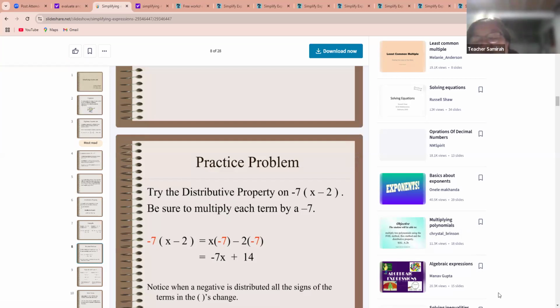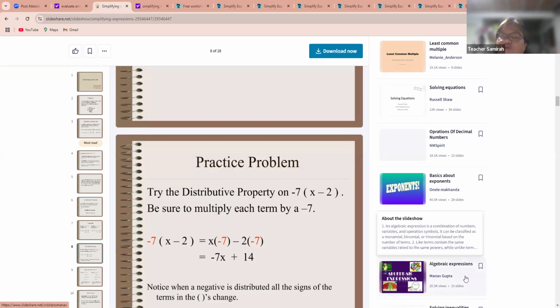Okay, so both Mark and Honey agreed. How about Aaron? Aaron, can I add or subtract negative 7x plus 14, which will give me positive 7x?